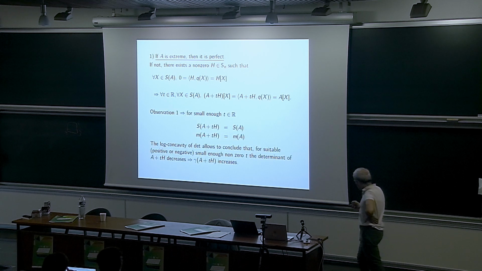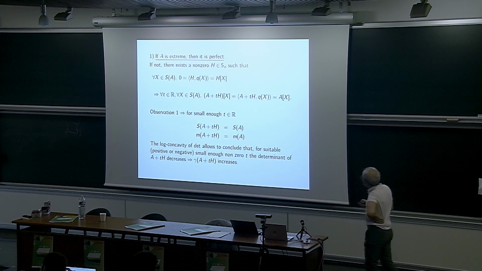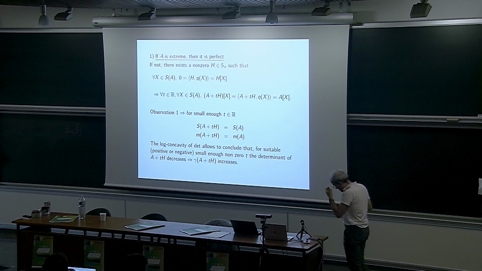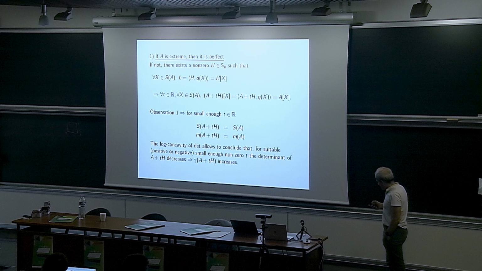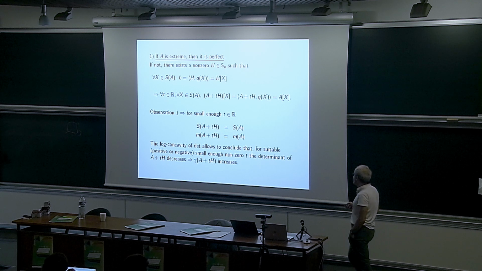And as we know that locally the set of minimal vectors can only decrease, it means that for small enough T, the set of minimal vectors of A plus TH will stay identical to the set of minimal vectors of A, and the minimum of A plus TH also.